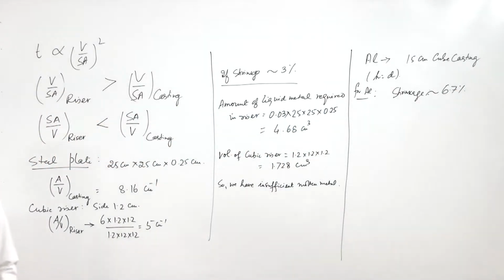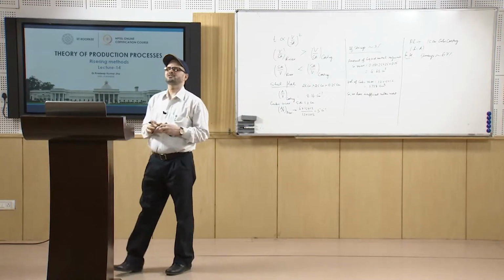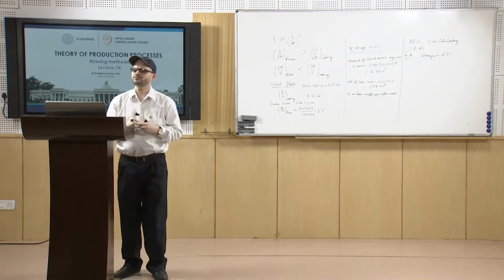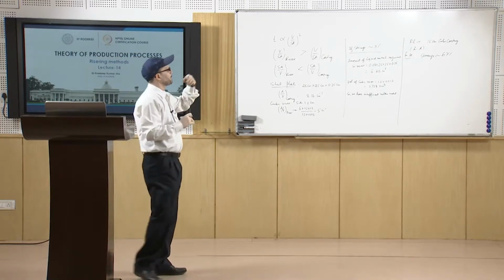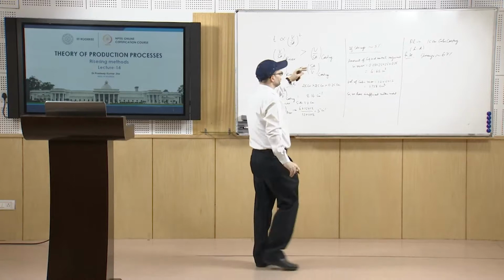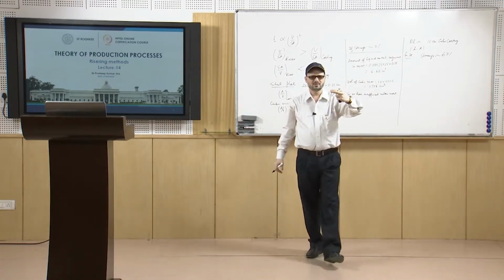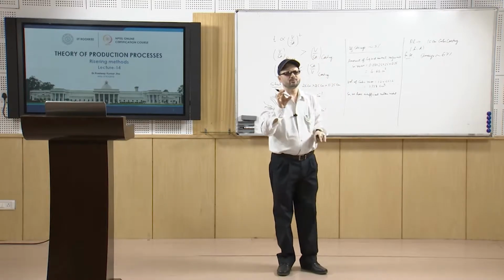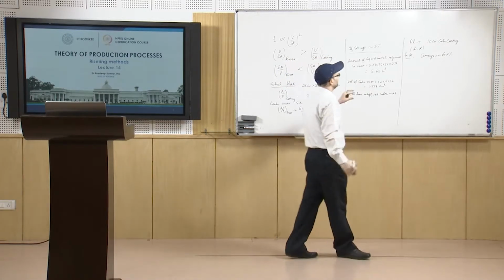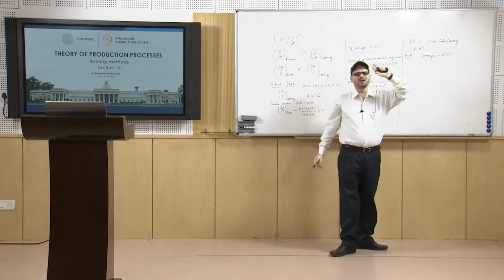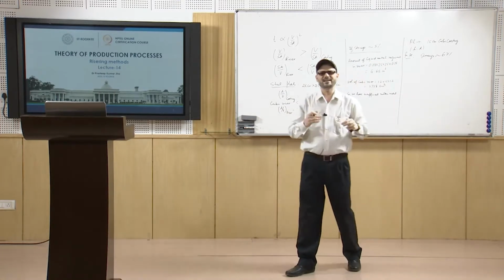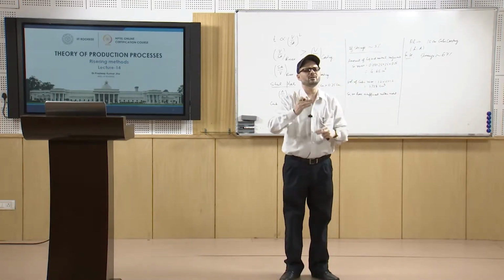Now, you know that this is the volume which is required for metal to be fed. Sometimes empirically, or sometimes just roughly, they assume that you take 3 times the volume.